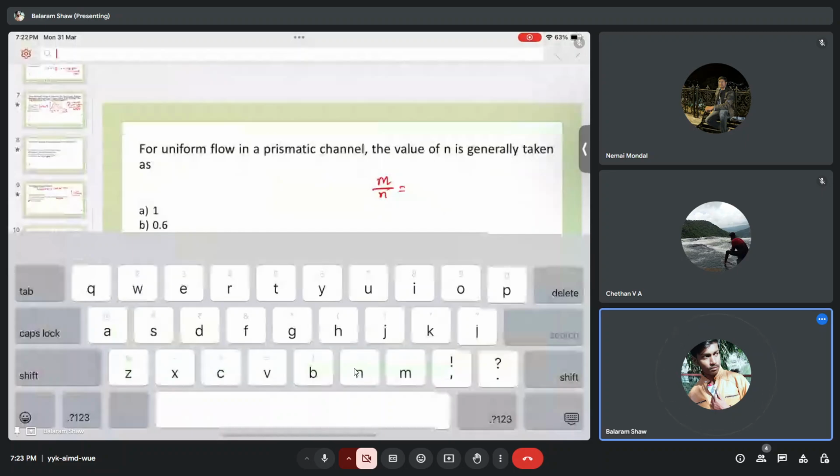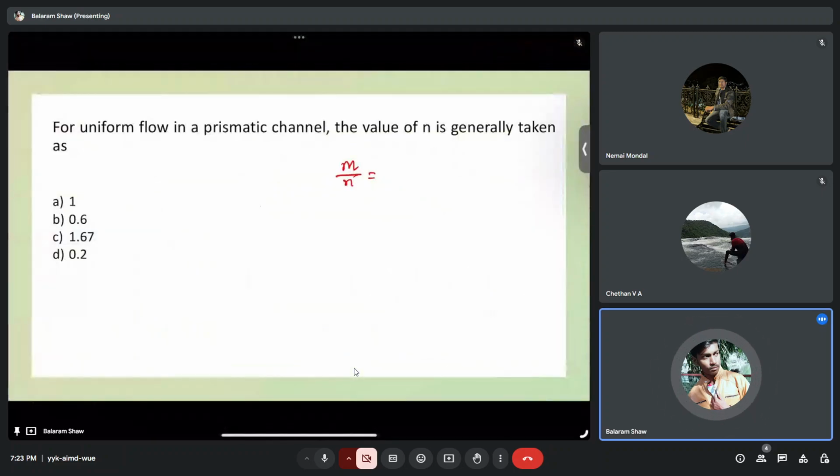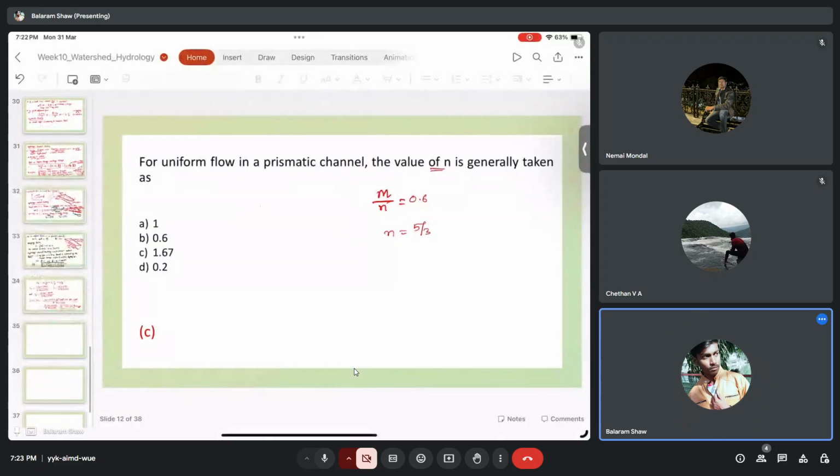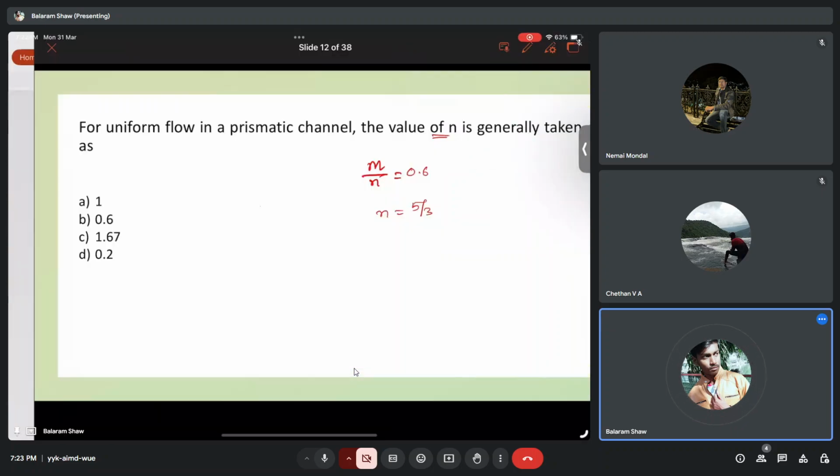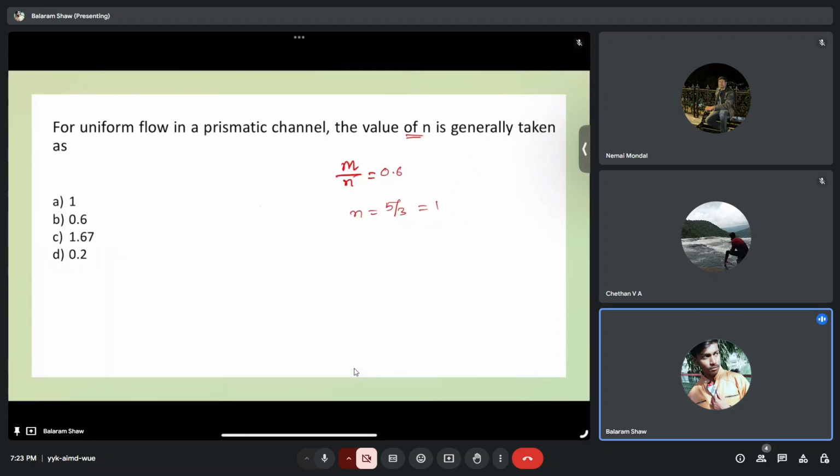M by n was 0.6, but we need only the value of n. So n was given as 5 by 3, right? Let me check this. Yeah, 5 by 3. So the correct answer will be 5 by 3 in the options. 5 by 3 is 1.67. And hence the correct answer for this will be C, that is 1.67.